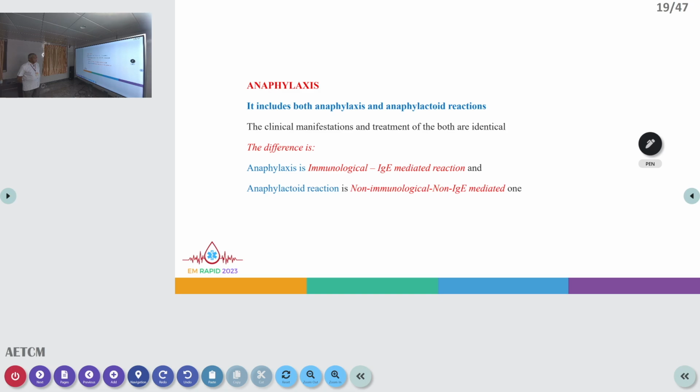The clinical manifestations and treatment of both are identical. The only difference is that anaphylaxis is an immunological, IgE mediated reaction, and anaphylactoid reaction is non-immunological, non-IgE mediated.